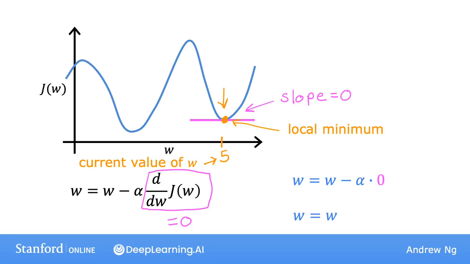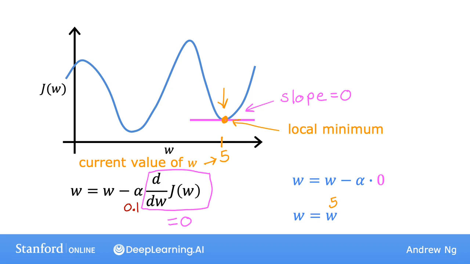So this means that if you're already at a local minimum, gradient descent leaves w unchanged because it just updates the new value of w to be the exact same old value of w. So concretely, let's say the current value of w is 5 and alpha is 0.1.